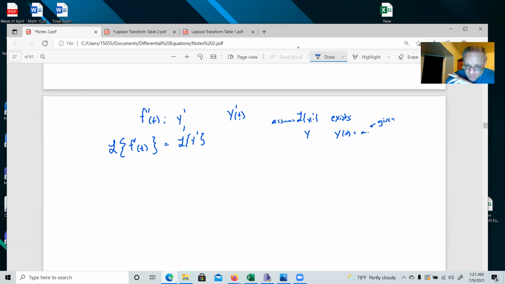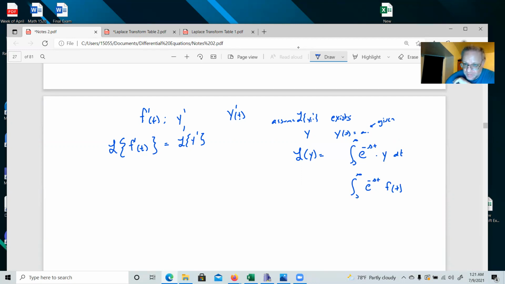We also need that the Laplace transform of y is equal to the integral from 0 to infinity of e to the negative st times y, or equivalently, depending on how we write it, some f of t.